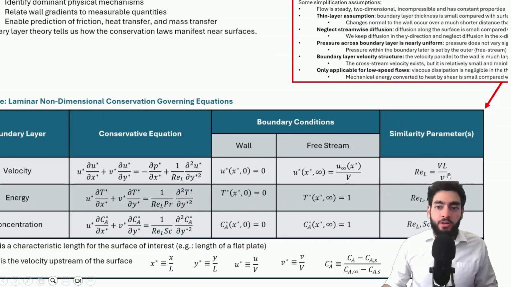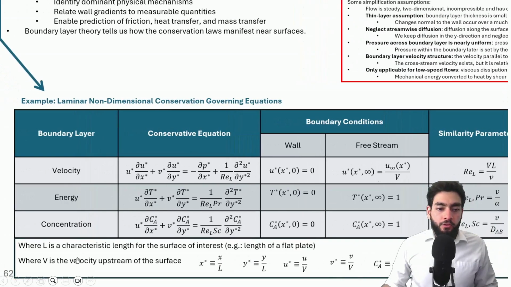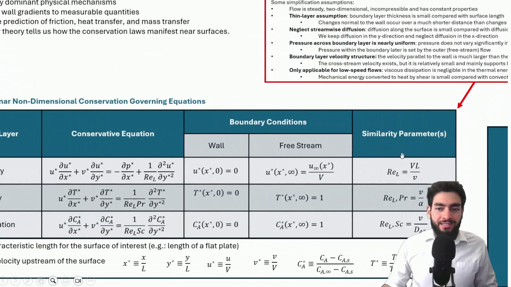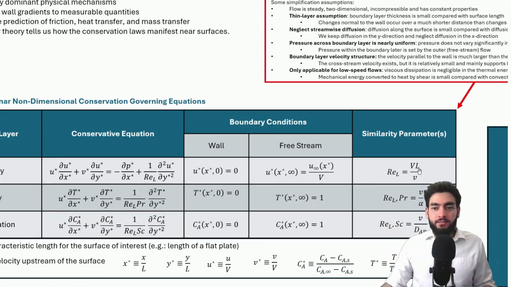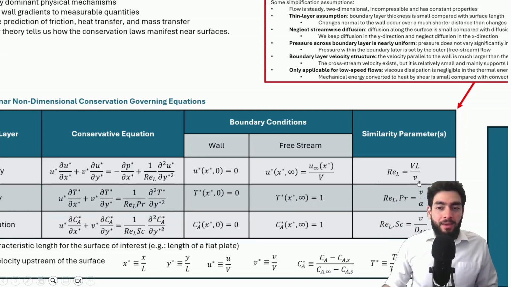So the Reynolds number here is equal to the upstream velocity multiplied by the characteristic length of the surface, which in the case of a flat plate will just be the length of the flat plate, divided by the kinematic viscosity of the fluid.